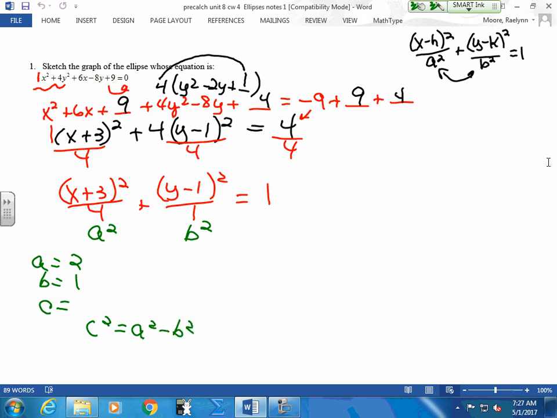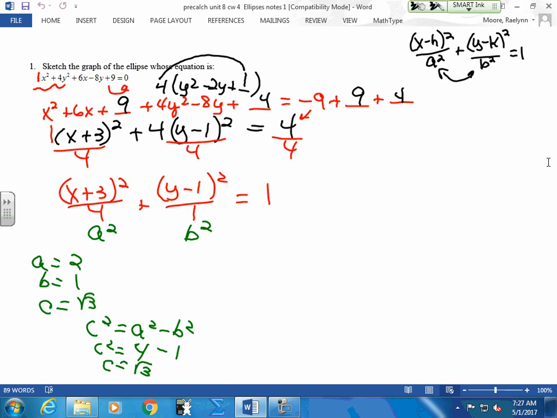C is going to give us where our foci are. So we're going to put in 4, just take this right from here. And so C is going to be radical 3. We do get a lot of radicals in this, as an example.